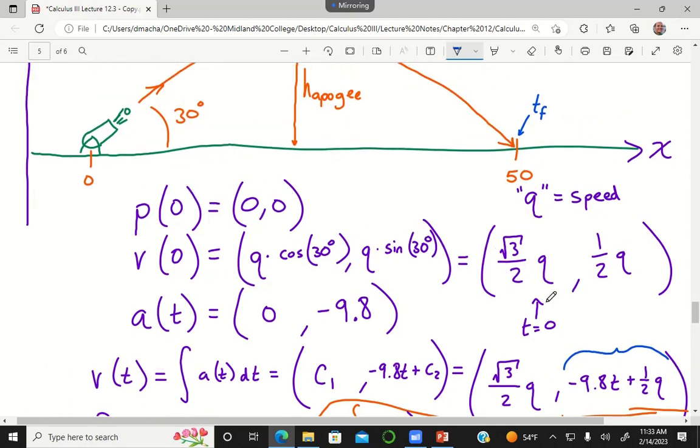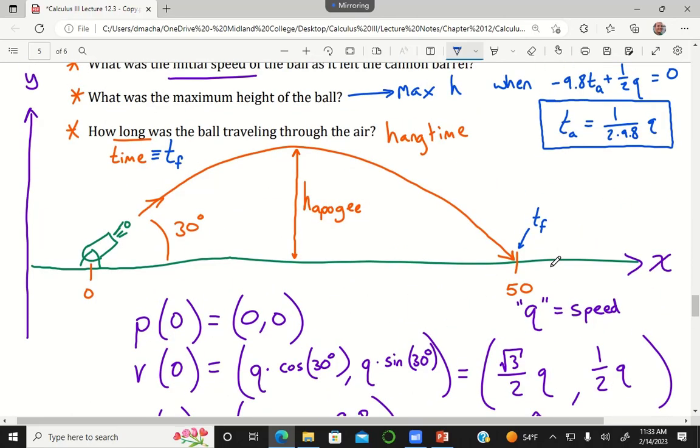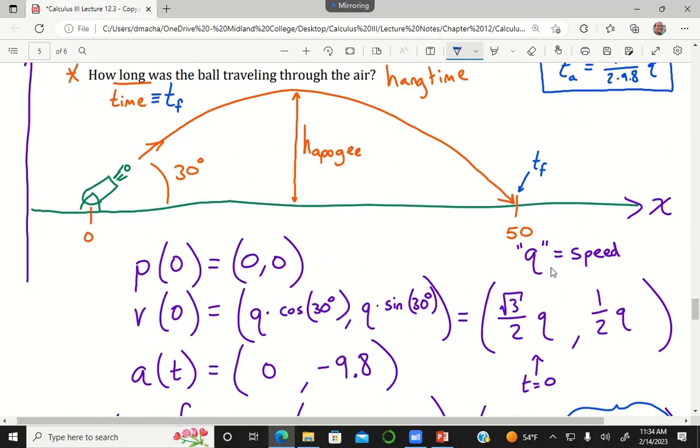My velocity x component was root 3 over 2 q. So T final is 50 meters divided by root 3 over 2 q meters per second, which gives me seconds, the unit of time.